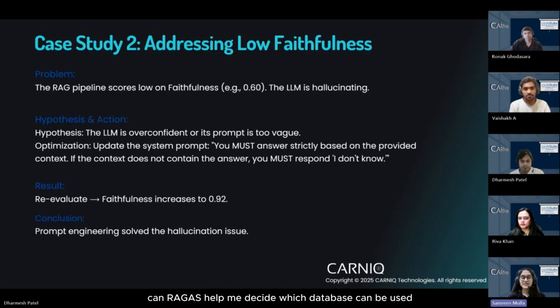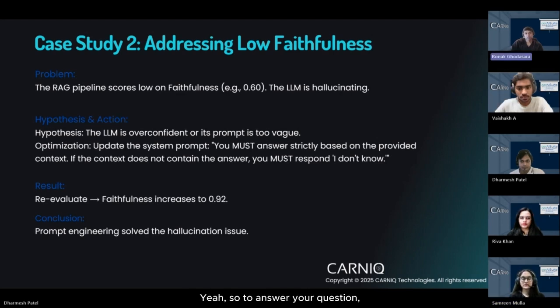I had one more question. Can Ragas help me decide which database to use? Yeah, to answer your question, the database is basically storing elements. It is storing all the information the user wants. In the RAG case, it is storing all the vectors in the database.